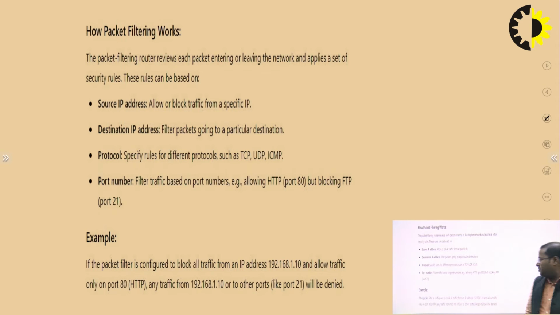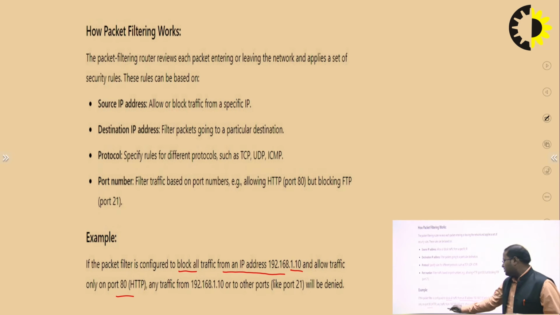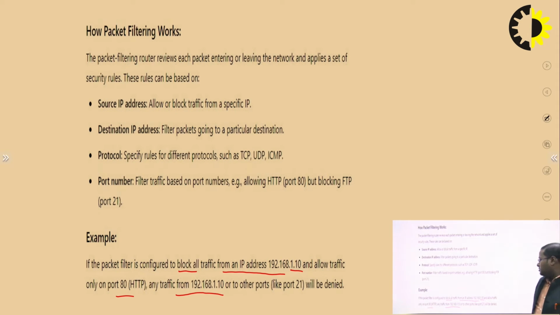Example: if the packet filter is configured to block all traffic from the IP address 192.168.1.10 and allow traffic only on port number 80, then it restricts any packet coming from this IP address, and also restricts any information coming from other ports like port number 21, and it will be denied.